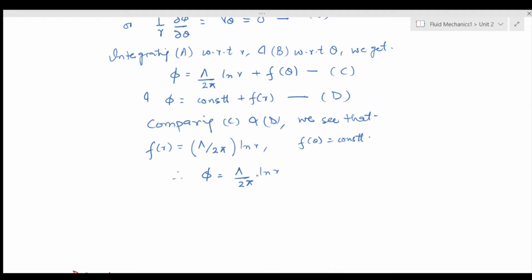Similarly, I can find my stream function. That can also be done.